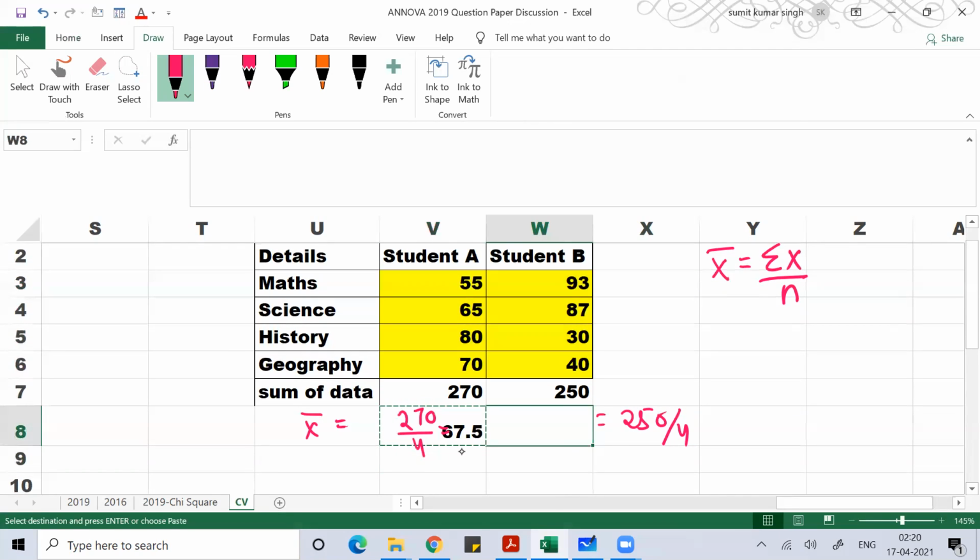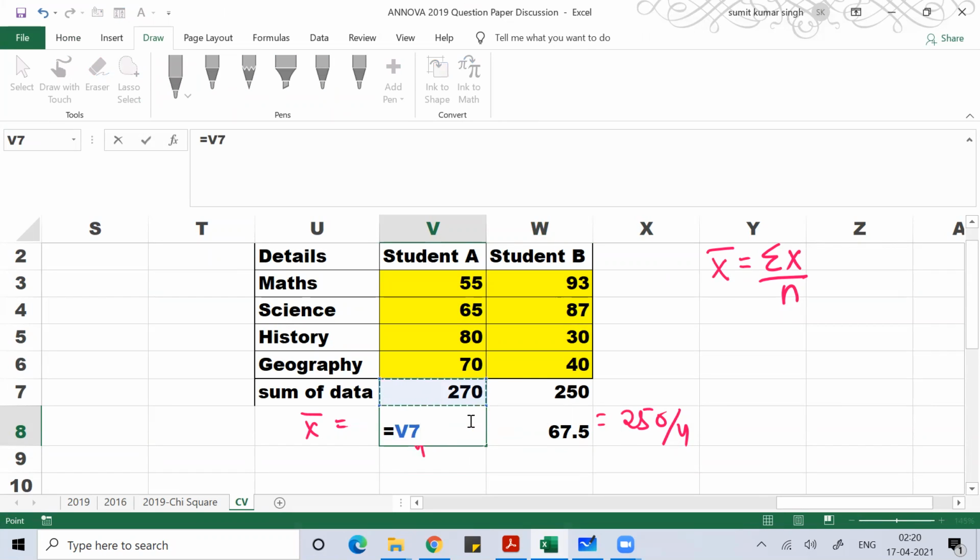Similarly, I'll do this for the other one. So I'll find the average: 250 divided by 4. This should be 270 divided by how many data are there? 4, right?